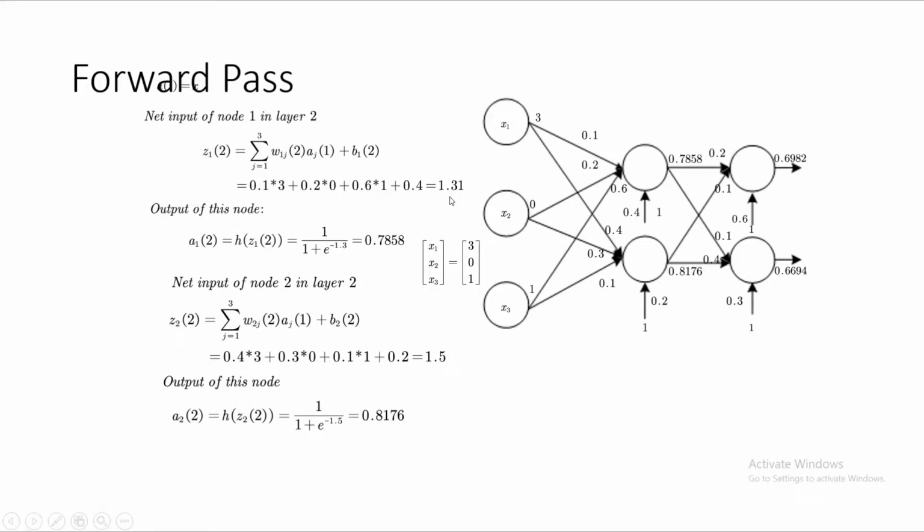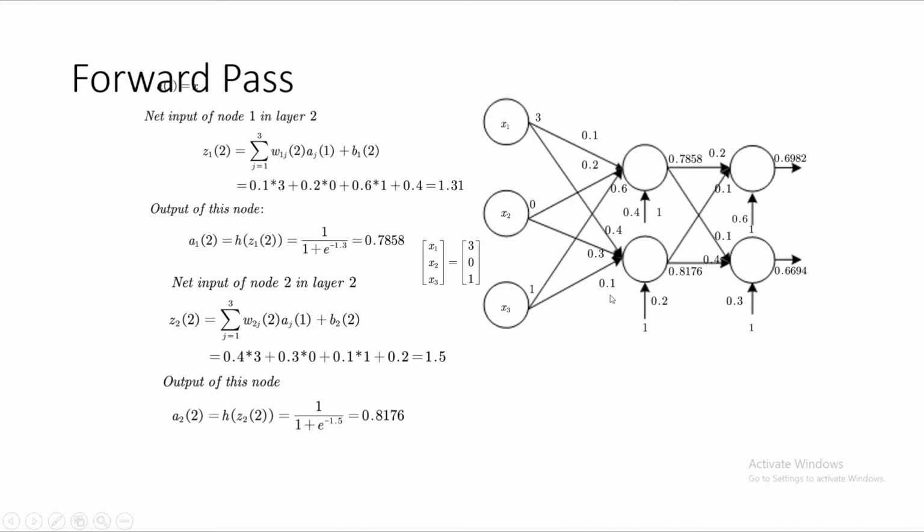Then we use the sigmoid function to perform the activation. We use the sigmoid function as the activation function and get the output of this activation, which is 0.7858 for this particular node.